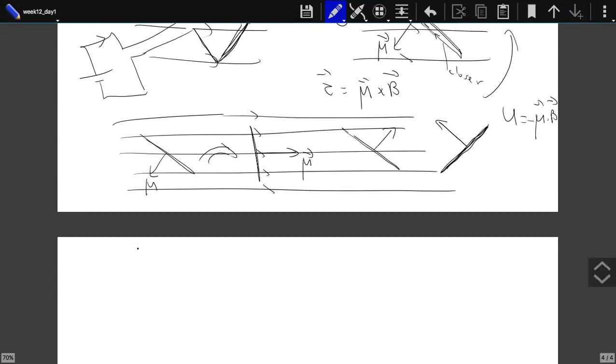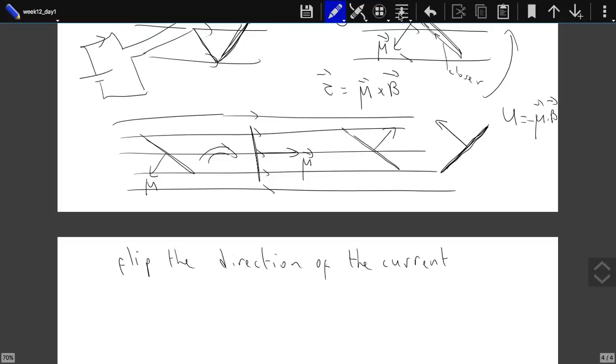But let's make a trick now. Flip the direction of the current. Most probably much before it stops. Let's say you just flip the direction of the current somehow.